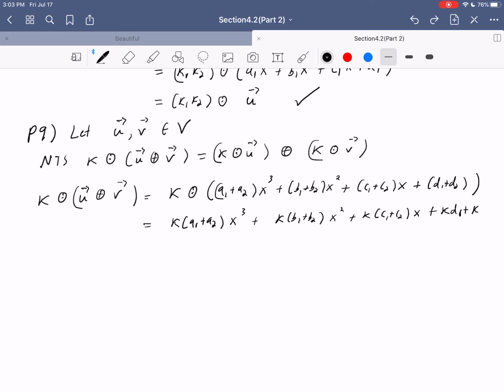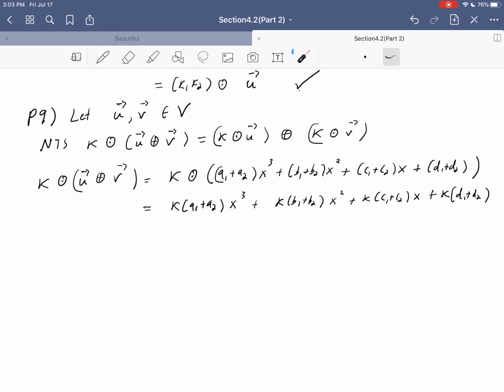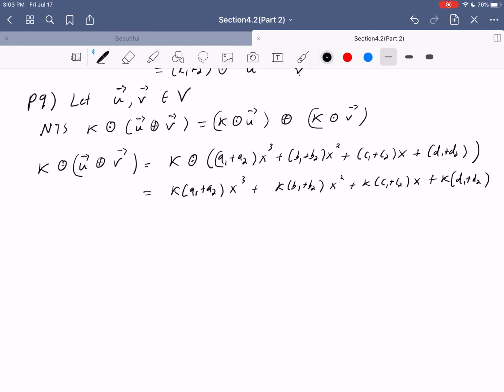All right, now let's go ahead and distribute our K onto each piece. So it looks like we would get KA1 plus KA2 x cubed plus KB1 plus KB2 x squared plus KC1 plus KC2 x plus KD1 plus KD2.